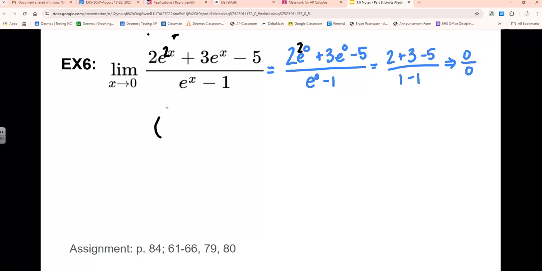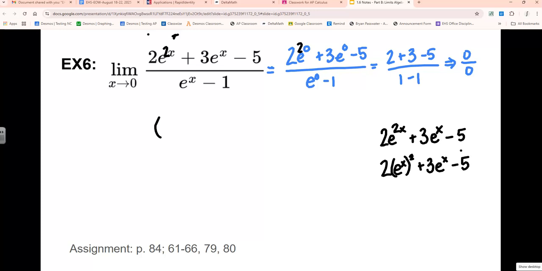When you have 2e to the 2x plus 3e to the x minus 5, you could write it as 2 times e to the x squared plus 3e to the x minus 5. So you're factoring like it is, let me use a u here, 2u squared plus 3u minus 5, but instead of actually being a u, it's e to the x, right?